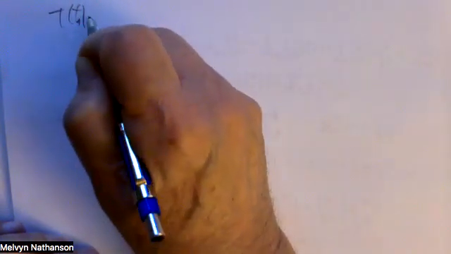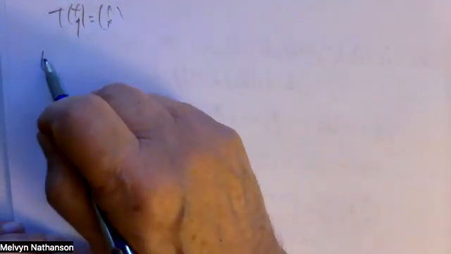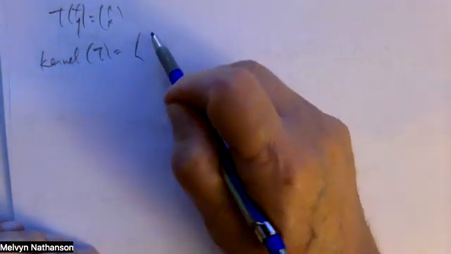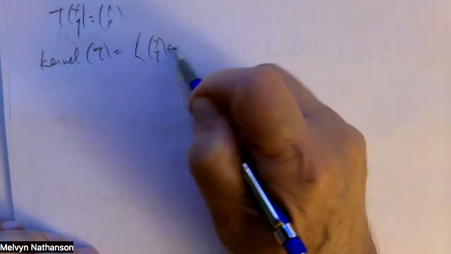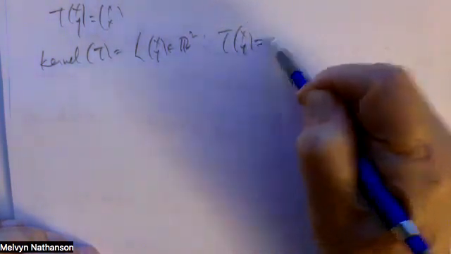All right. And for part C, where we have, again, this is the linear transformation, T of (x, y) is the vector (x, x). What is the kernel of T? So that's all vectors (x, y) in R2 such that T of (x, y) is 0.